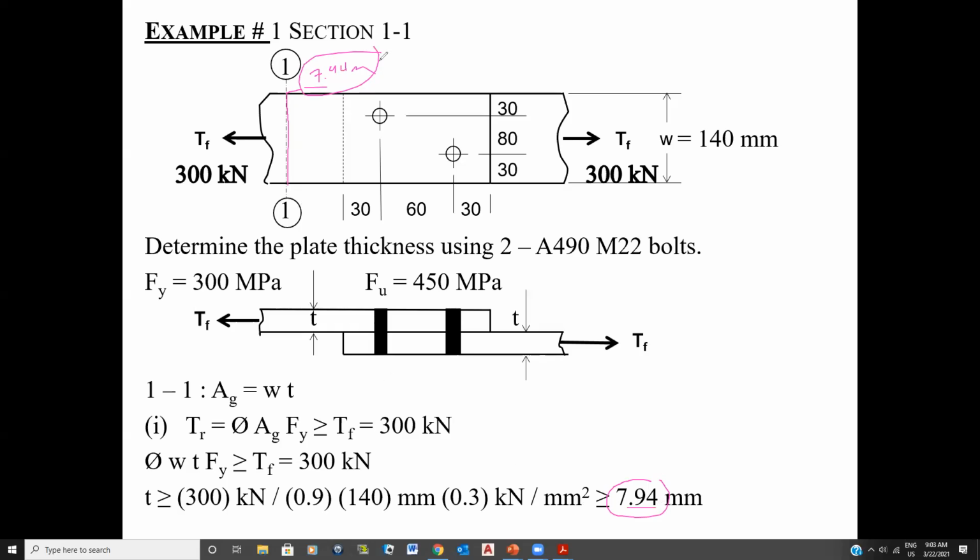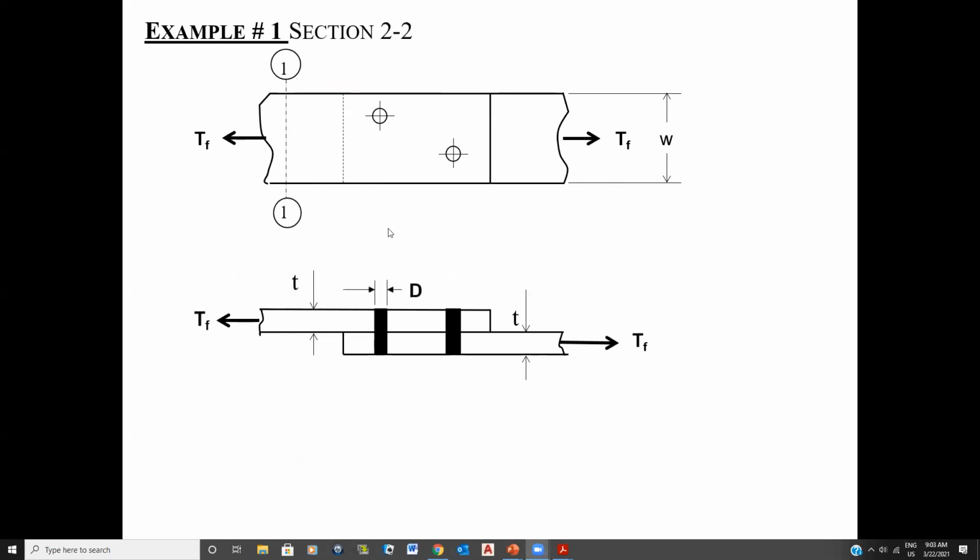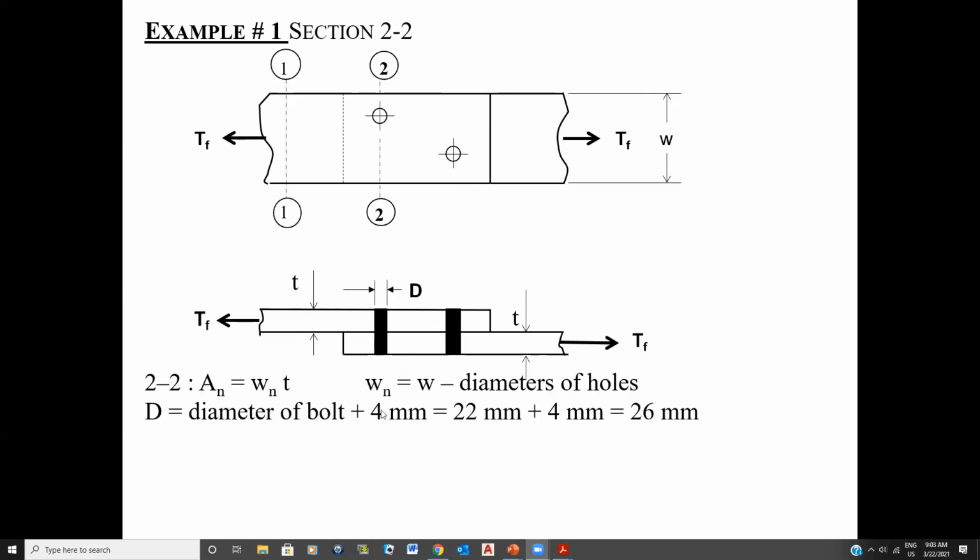Now, I'm going to go to the second possible failure right here, which is right across here. Because I have a hole, I no longer use AG, I use AN. AN is WN times T, and WN is the W here minus the diameter of the holes. So what I'm going to do is use the diameter of the holes plus 4 millimeters.